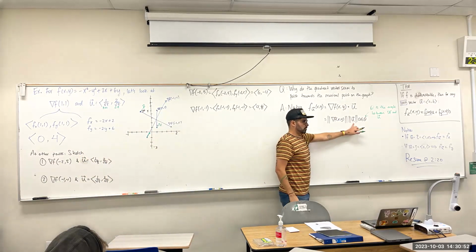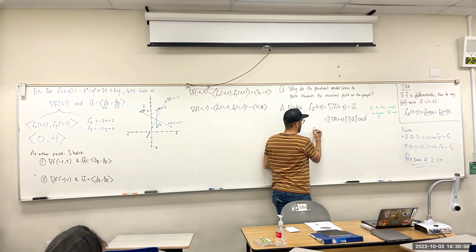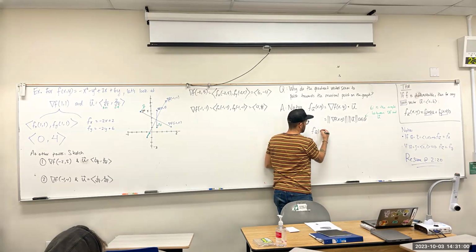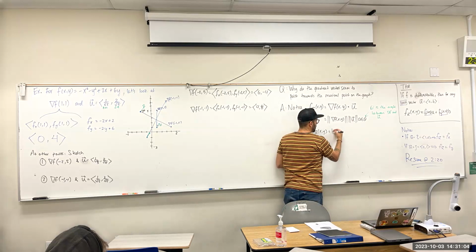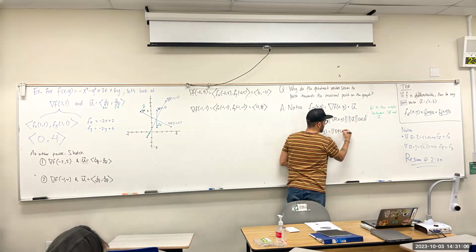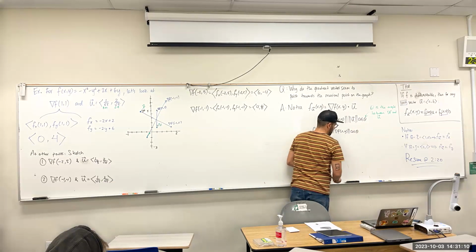What's the magnitude of u? It's a unit vector, so the magnitude is 1. So the directional derivative at a particular point is just equal to the magnitude of the gradient vector times cosine theta.